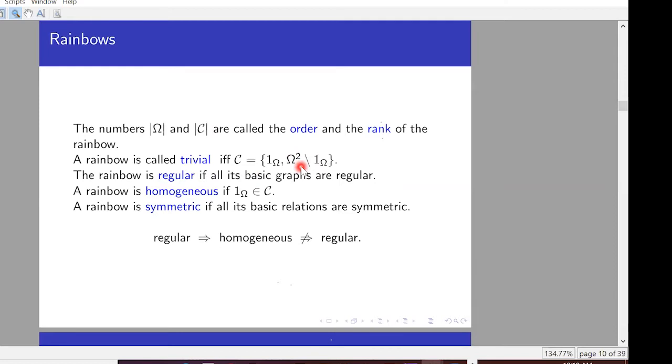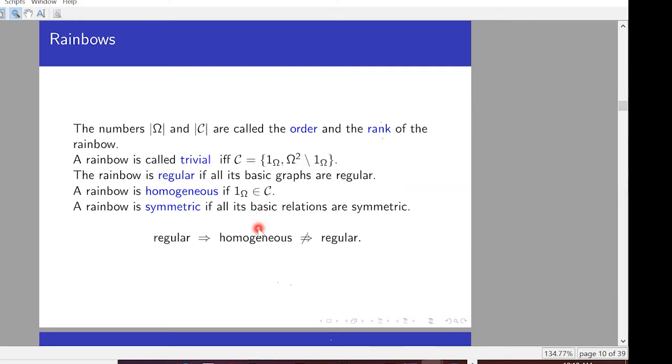But in all other cases, a trivial rainbow has rank 2. A rainbow is called regular if basic graphs are regular. It's called homogeneous if all loops have the same color. And it's called symmetric if all basic relations are symmetric.